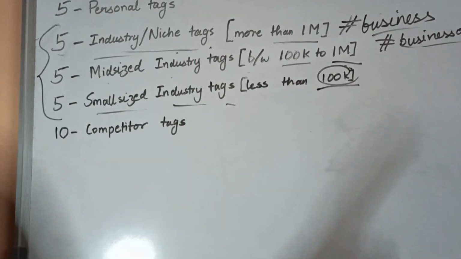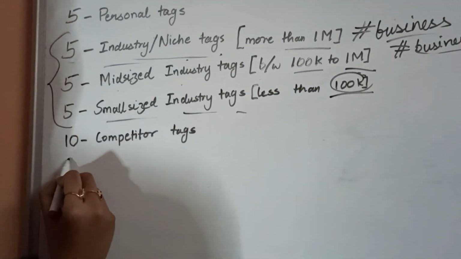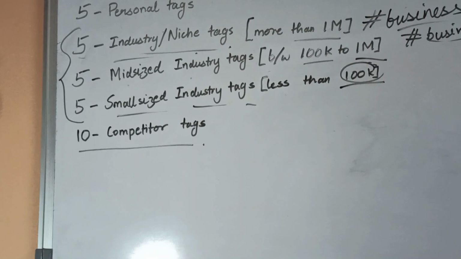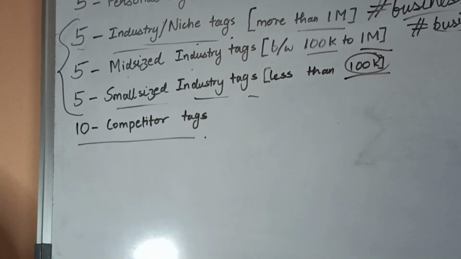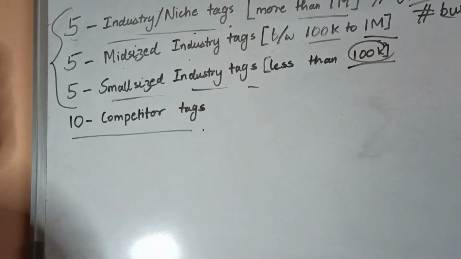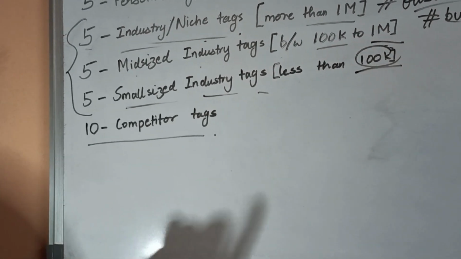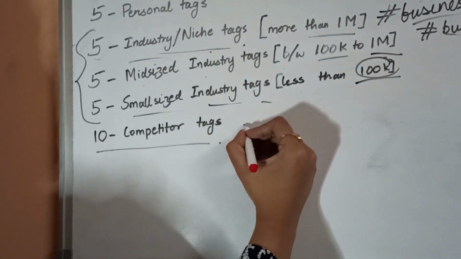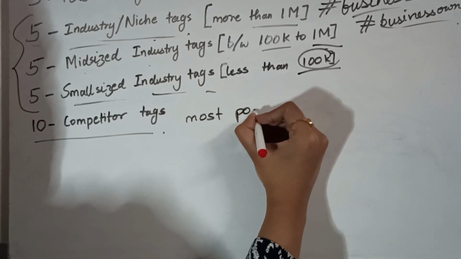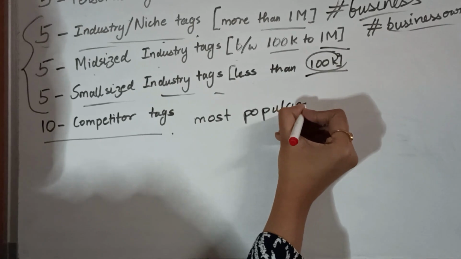And the last is the 10 competitor tags. So what are competitor tags? When you search for hashtags, on the top of the list you'll see some posts. Those are the most popular posts.